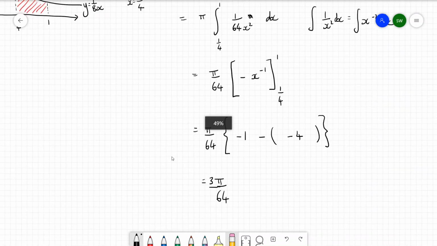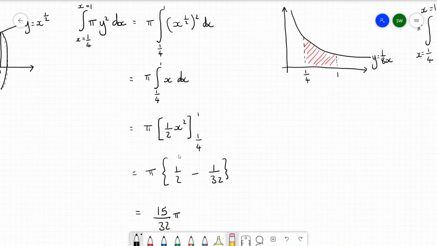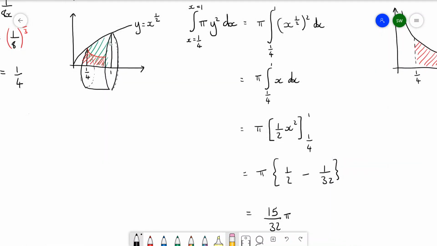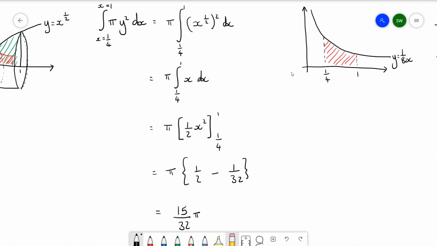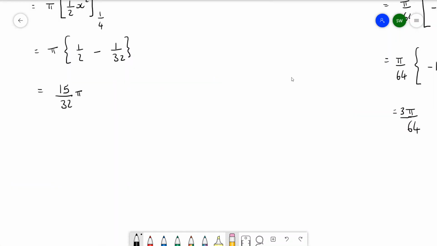So finally, all we need to do is take this volume that we got from this shape, and take away the volume that we got when we rotated this red shape. So the volume that we want is going to be equal to 15 over 32 pi, subtract 3 over 64 pi. So we'll get 27 over 64 pi.